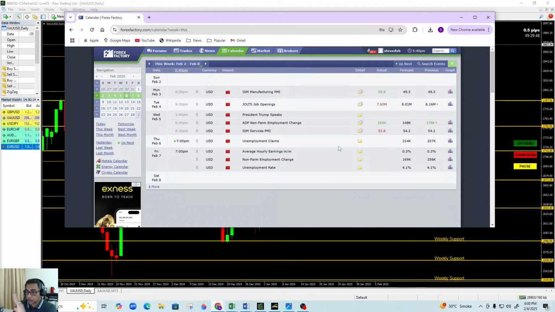So I first start, 30 minutes before the NY session opens is when I get to my charts. Look at the news calendar first. Even though I have a rough idea what's happening for the week, I still follow through all of those. I follow through every procedure just to tick all the boxes, right?